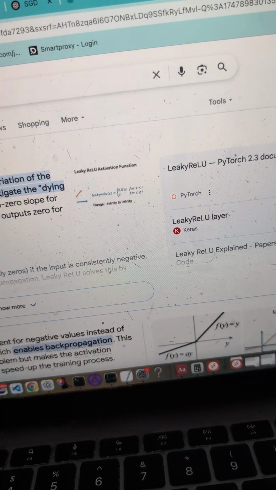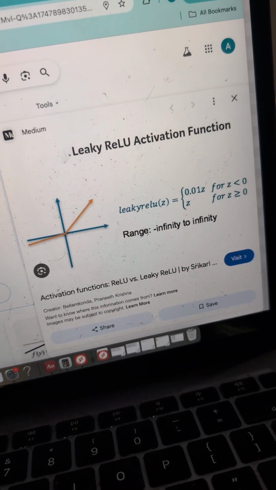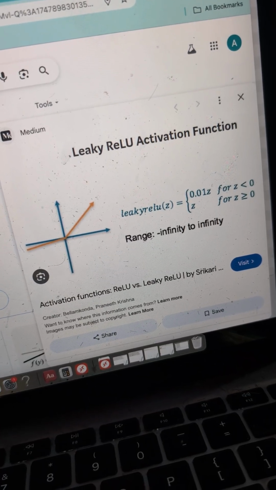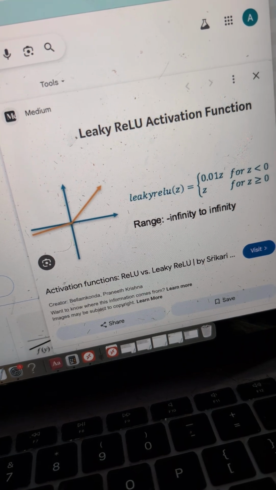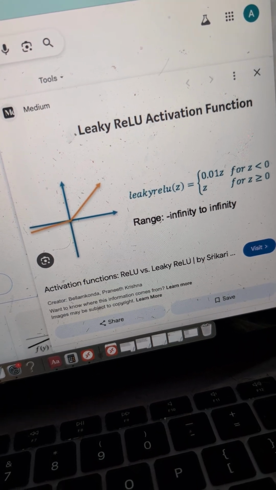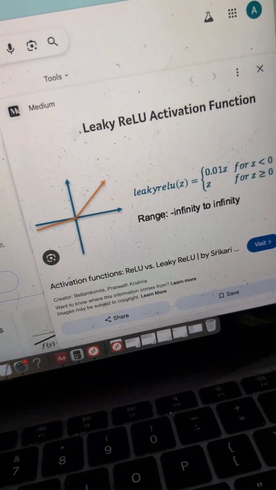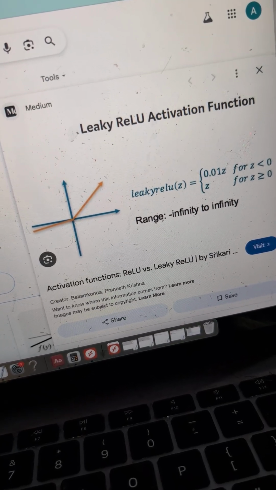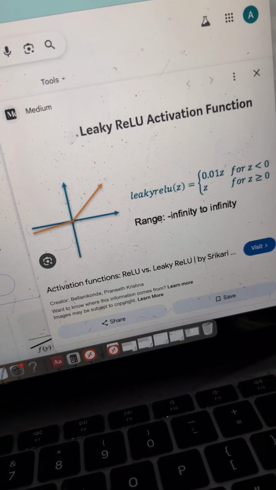Just to go over what leaky ReLU is: when x is greater than or equal to 0, leaky ReLU is equal to x. When x is less than 0, leaky ReLU is equal to alpha times x. In this case, alpha is 0.01. The bot randomly generates an alpha between 0.01 and 0.1.